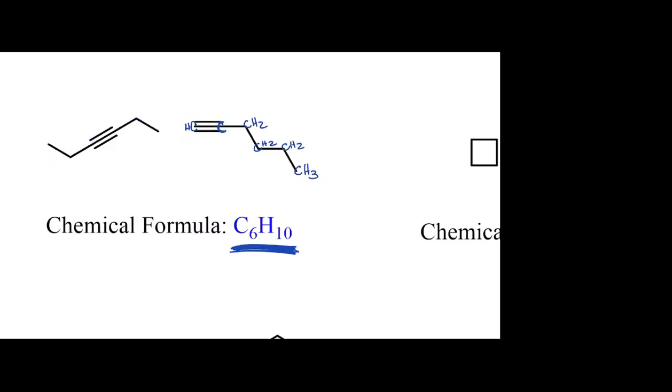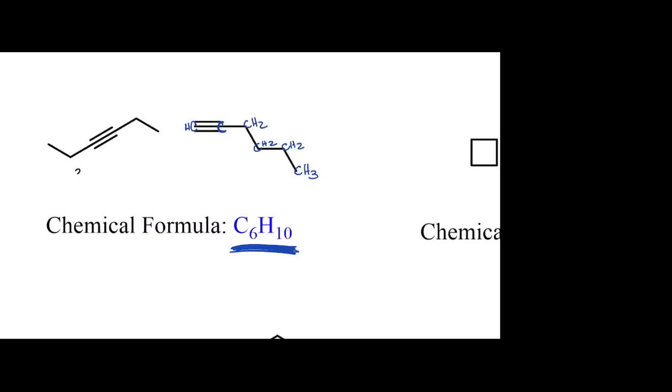What is the name of the first alkyne? The one that I just erased the carbons and hydrogens. What is the name of that one? Let's put it in the chat. I agree with the 3, but it doesn't end in ane. We have an alkyne.